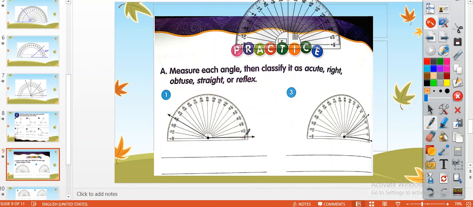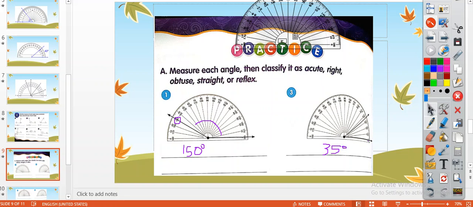Here, start from the 0, so you're gonna use the lower one, which is 150. So it measures 150 degrees, and it is called an obtuse angle. What about this one? Start from the 0, 10, 20, 30. It did not reach the 40, it's 35 degrees, and it is an acute angle.